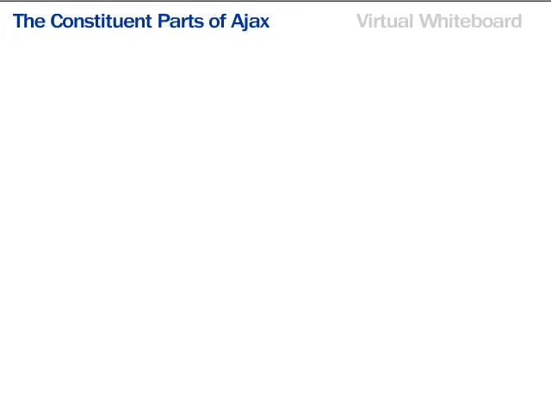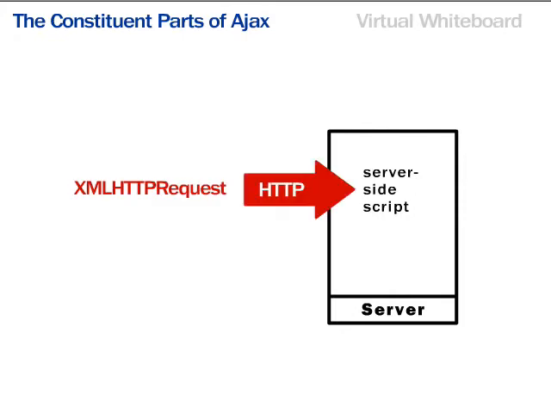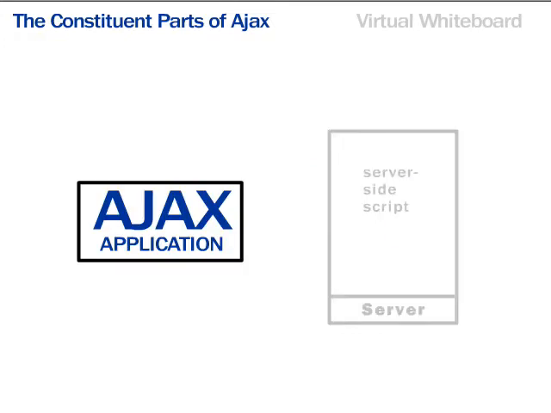So far as the server-side script is concerned, the communication from the XML HTTP request object is just another HTTP request. Ajax applications care little about what languages or operating environments exist at the server, provided that the client-side Ajax layer receives a timely and correctly formatted HTTP response from the server. Everything will work just fine.